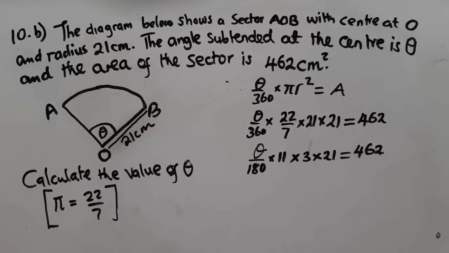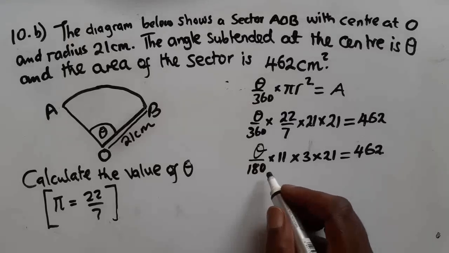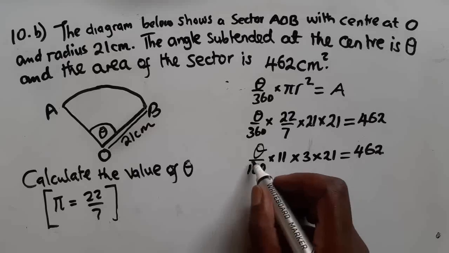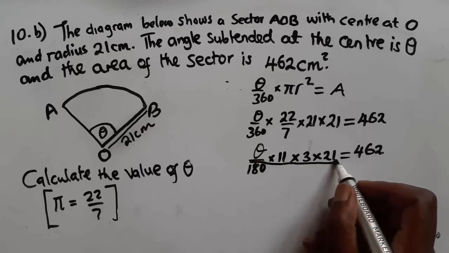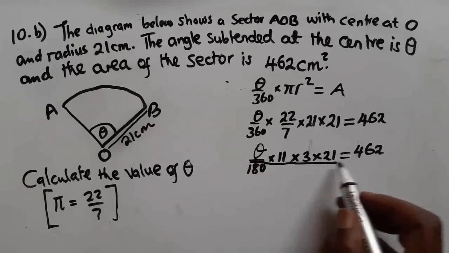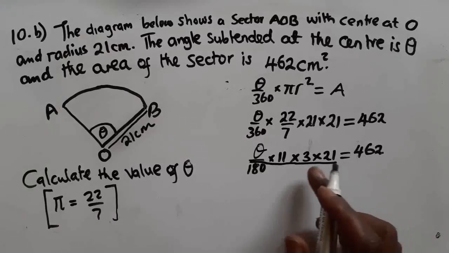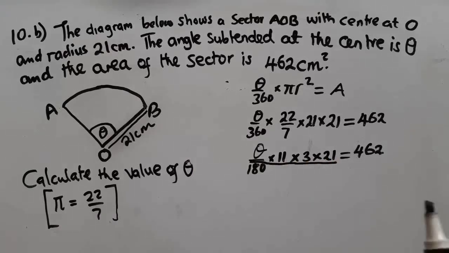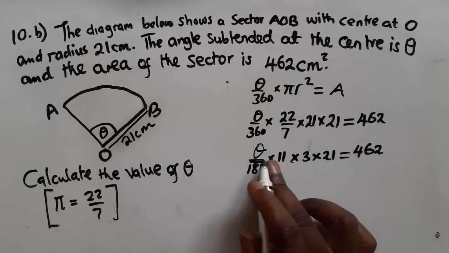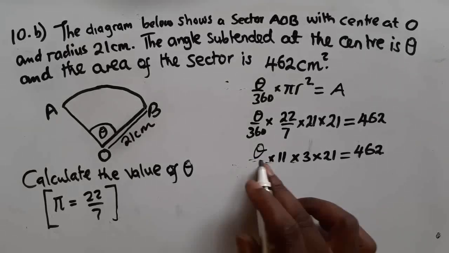Okay? So there is one thing that you have to understand here. All these are together like this, isn't it? So the next step is where we say we cross multiply. So to cross multiply, it will mean that all these will remain here, okay?